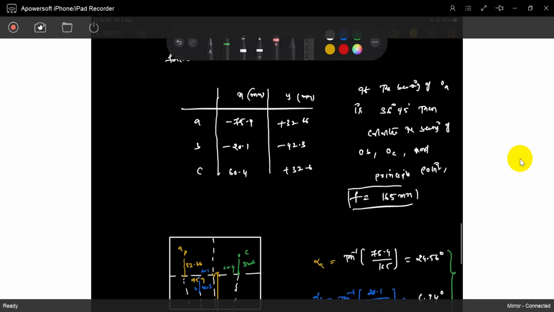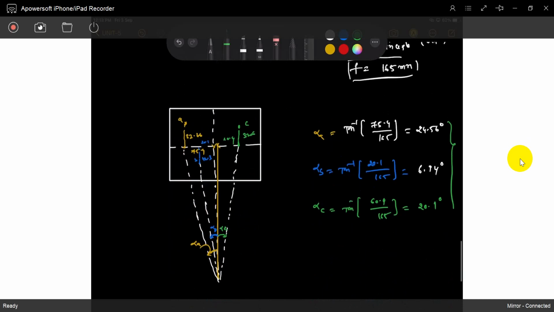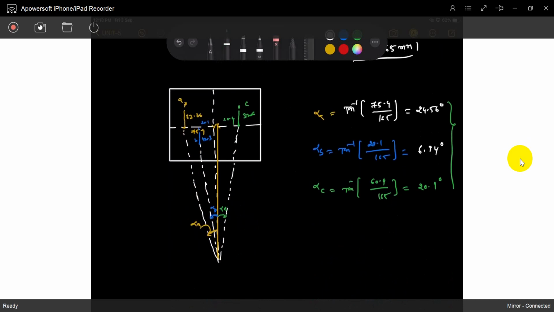He already said that the bearing of OA is given as 36 degrees 45 minutes, from north to OA. That is the bearing of the OA line.